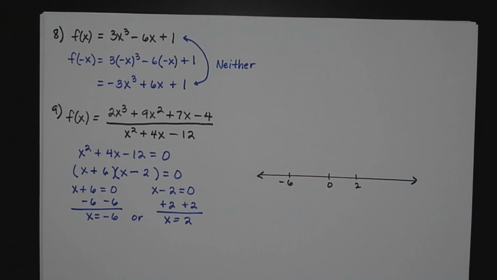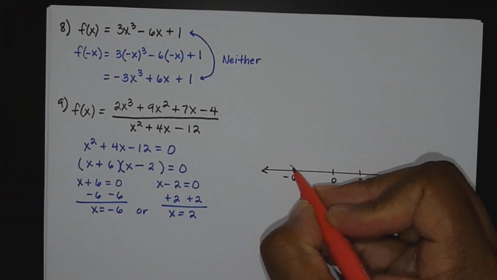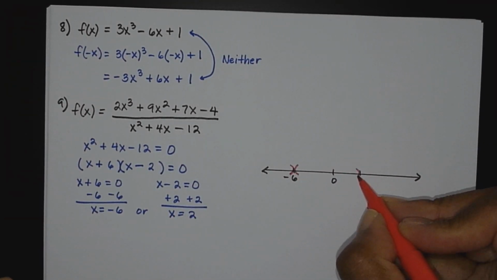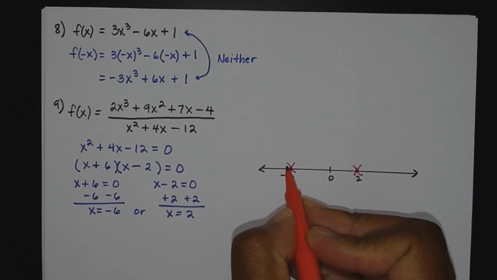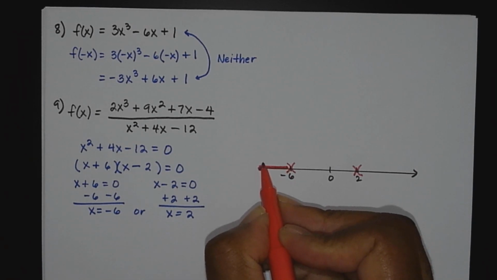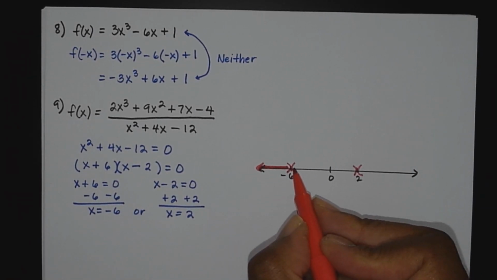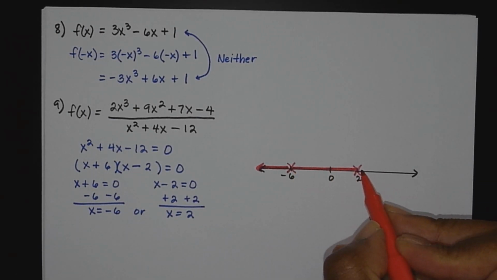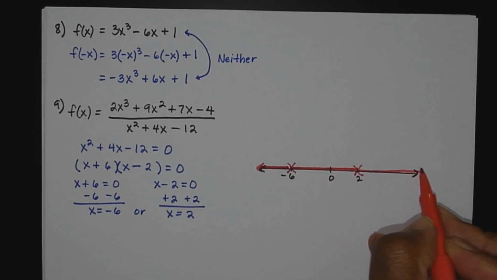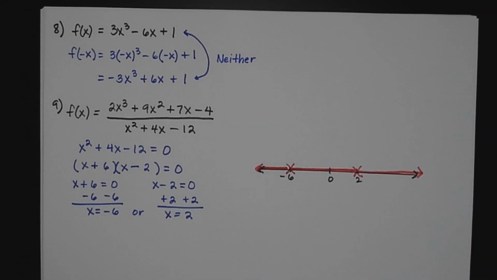At negative 6 and 2, I'm going to draw parentheses because I know I'll get zeros in the denominator. Any x value less than negative 6 satisfies that rational function. Any x value between negative 6 and 2 would satisfy it, and any x value bigger than 2 will satisfy it.